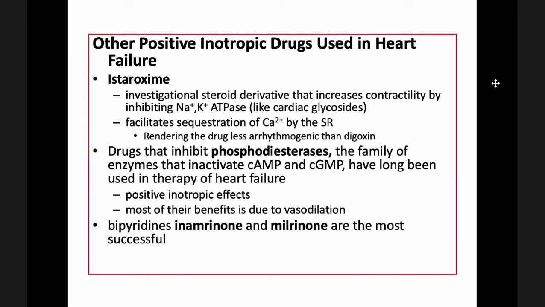Drugs that inhibit phosphodiesterase, the family of enzymes that inactivate your cyclic AMP and cyclic GMP, have long been used in the therapy of heart failure. These drugs have positive inotropic effects, and most of their benefit is due to vasodilatation. These are your bipyridines, inamrinone and milrinone. These are the ones which are most successful in heart failure management.